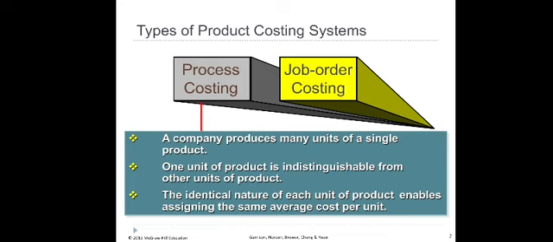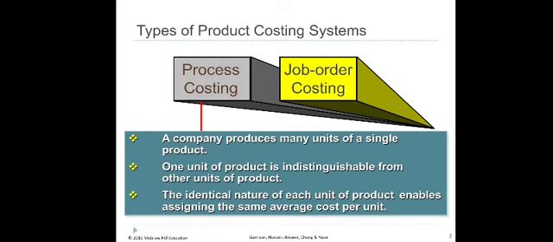In accounting, there are two main costing systems. The first one is called process costing. Okay, let's see about the process costing. Remember, process costing is a costing system. It is a method that you can use to calculate cost per unit of a product.